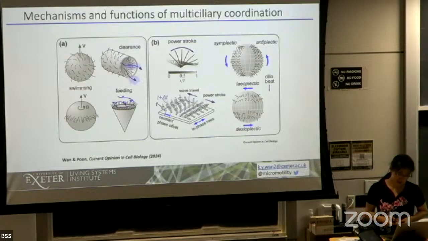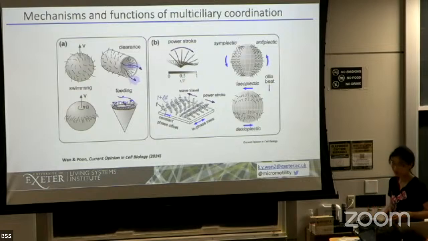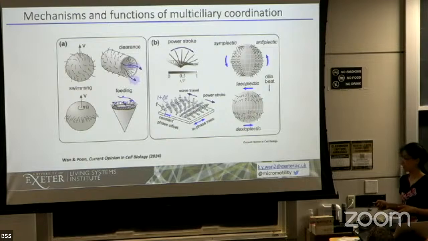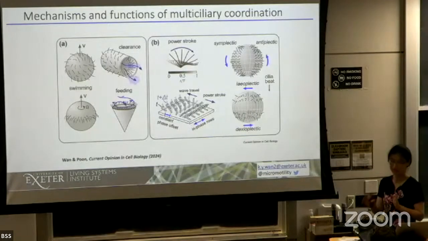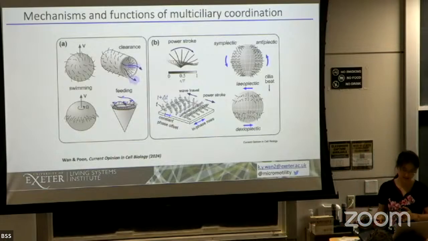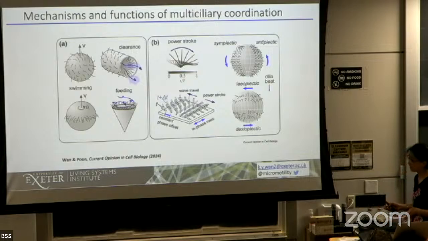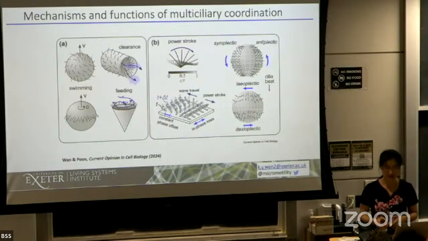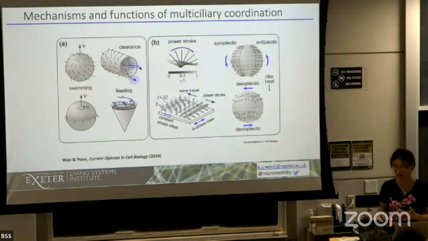So the metachronal wave is defined by various parameters associated with this movement: whether you have a phase difference between neighboring elements, and in which direction that phase difference goes. And it turns out that in nature you find all sorts of organisms that exhibit different kinds of metachronal coupling of the cilia.